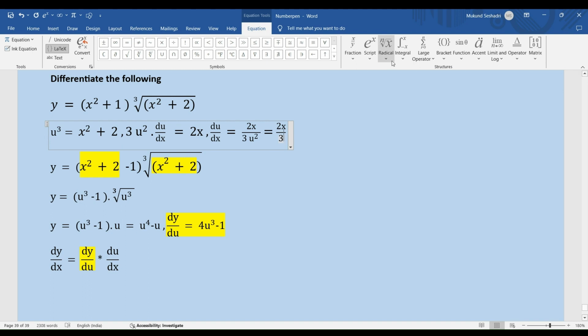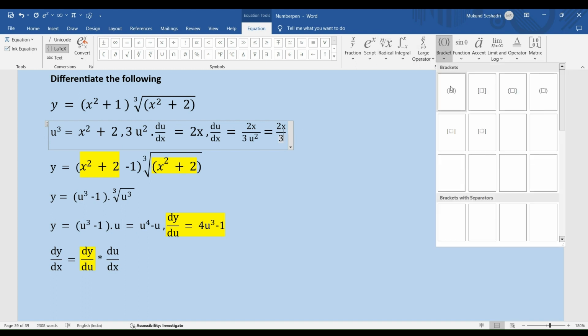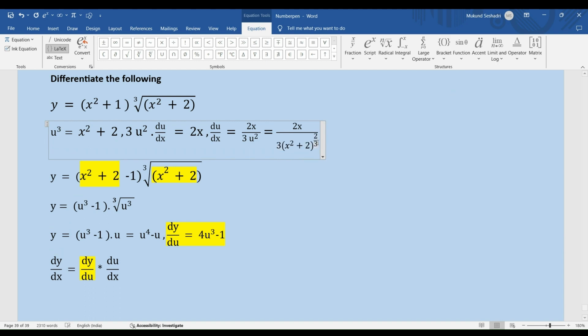My u square is, let me pull out my brackets, because my u is cube root of x square plus 2, and therefore my u square is cube root of x square plus 2 into 2, which is nothing but x square plus 2 the whole power 2 by 3, right? So this is my du by dx, right? So I'm going to highlight this in green.